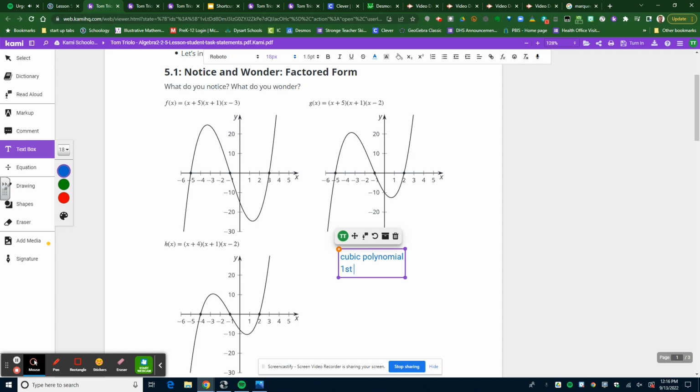So the first two share two x-intercepts, so let's be precise. Intercepts. Okay. Anything else?